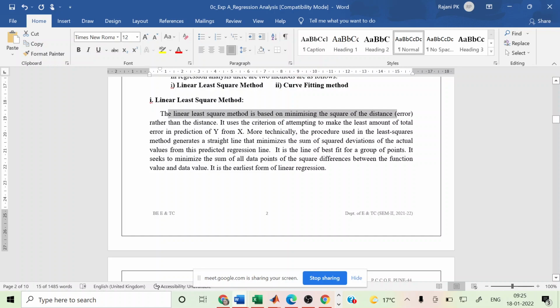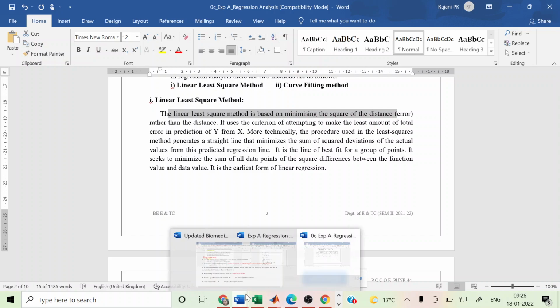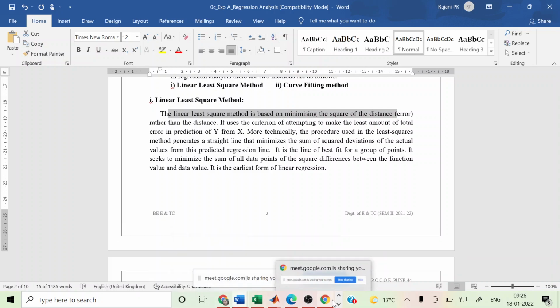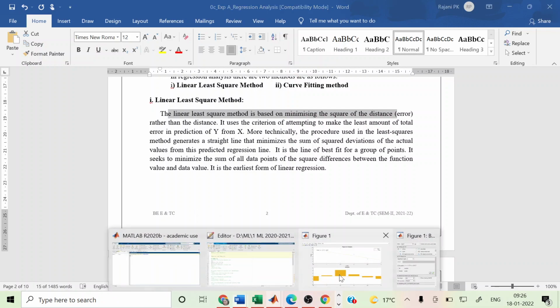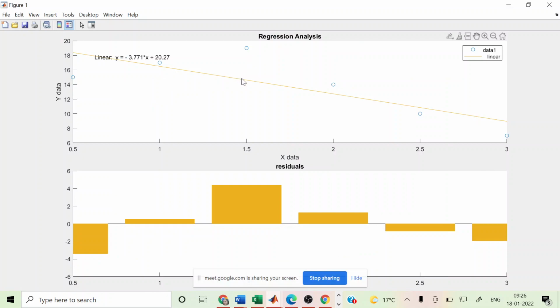More technically, the procedure used in the least square method generates a straight line that minimizes the sum of squared deviations of the actual values from the predicted regression line. Meaning, in our case, this is the predicted value and this is the actual value.